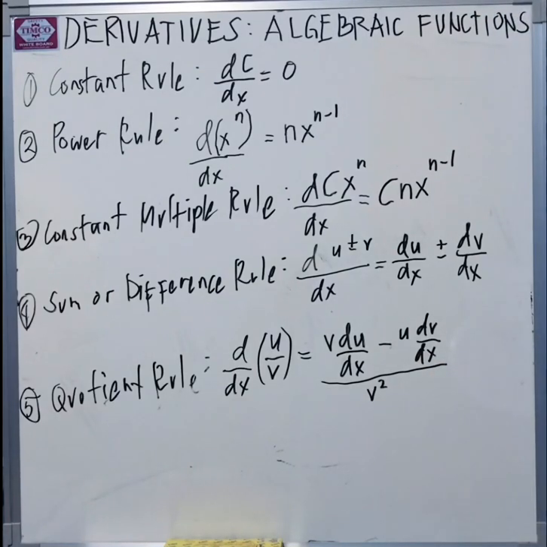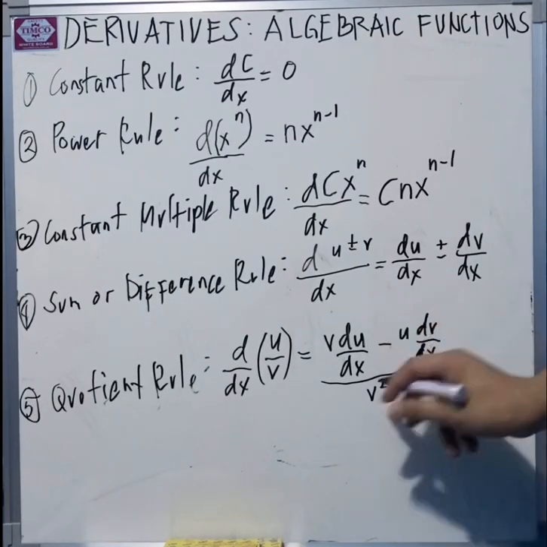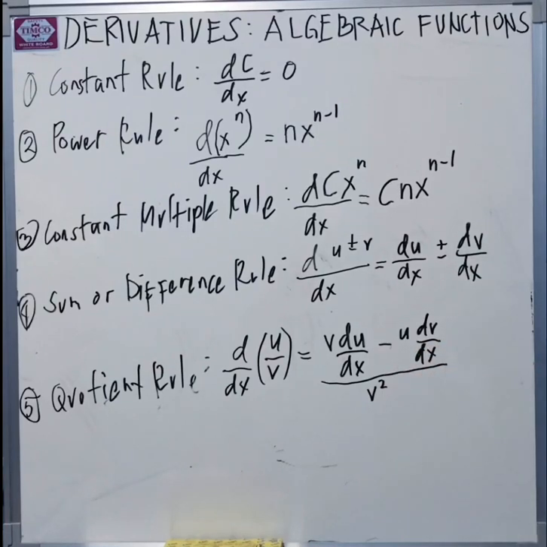So that it is easier to remember: v du minus u dv over v squared. That's it. So, we have an example.